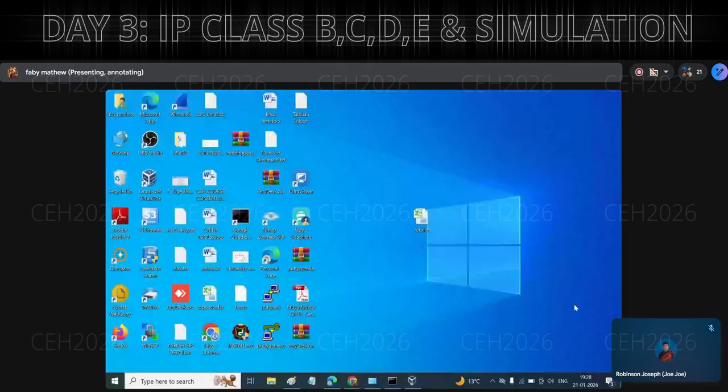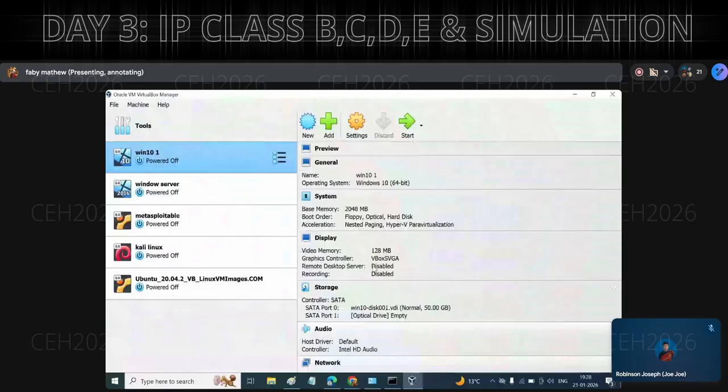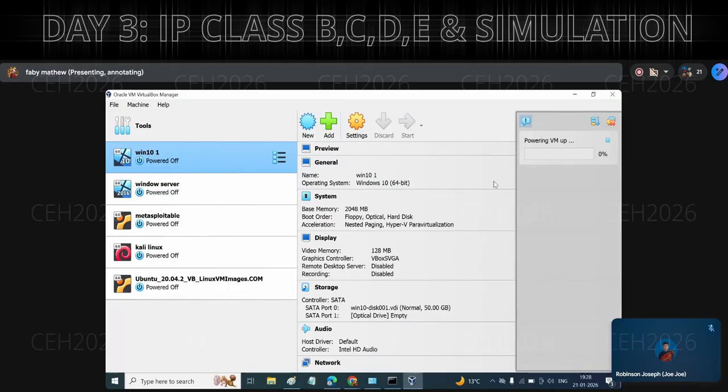This is my base operating system, this is running, and this is also running. Both operating systems have different IP addresses. I'm going to start the operating system, Windows 10. Both machines have different IP addresses, which means each contains an individual IP address.